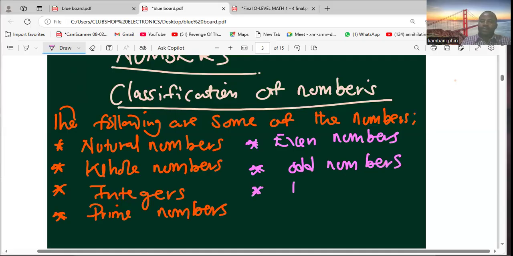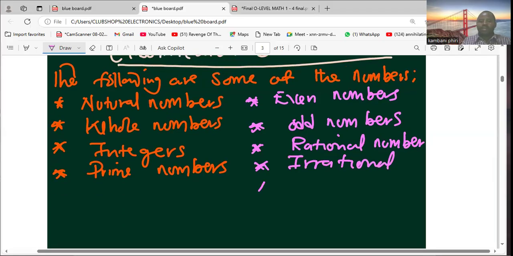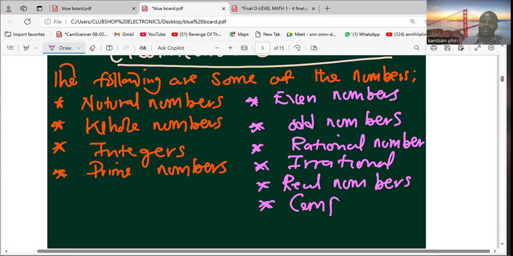We have rational numbers. Next, we have irrational numbers. Then we have real numbers. We also have composite numbers, among others.